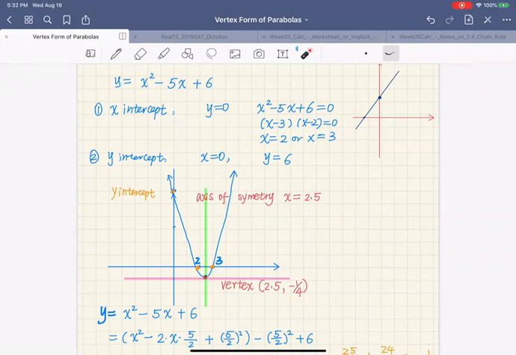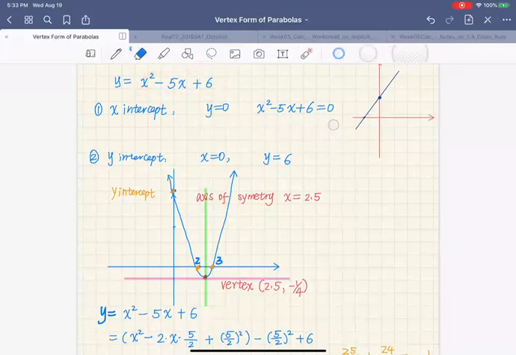Now I ask both of you, find the x-intercept for this equation. Make your y equal 0 and solve it. You can use factoring or completing the square, whatever you want. Tell me, x equals what?